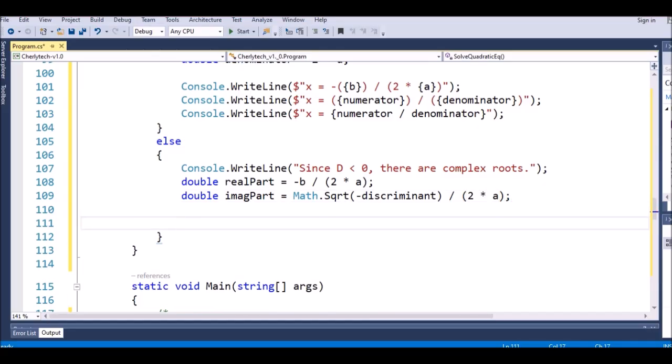And after that we show the value, so we use console write this.